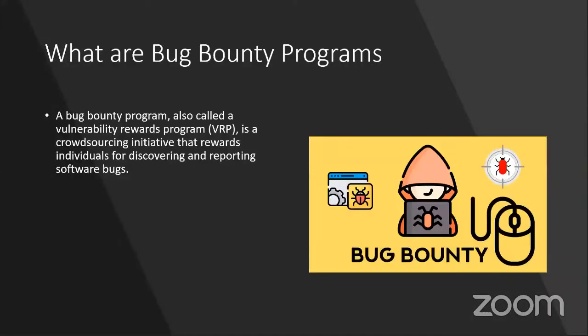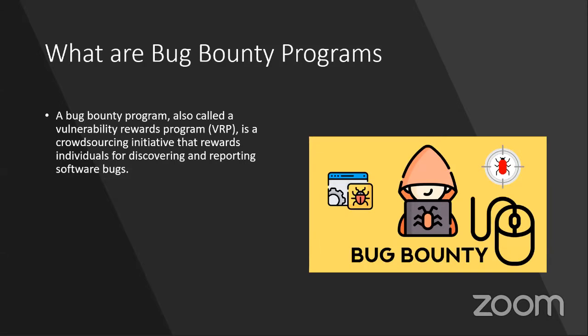So what are bug bounty programs? Basically, bug bounty programs, which we usually call a VRP, Vulnerability Reward Program, are a crowdsourcing initiative that rewards individuals for discovering and reporting software bugs. For example, we know hacking, and we know ethical hacking, right?